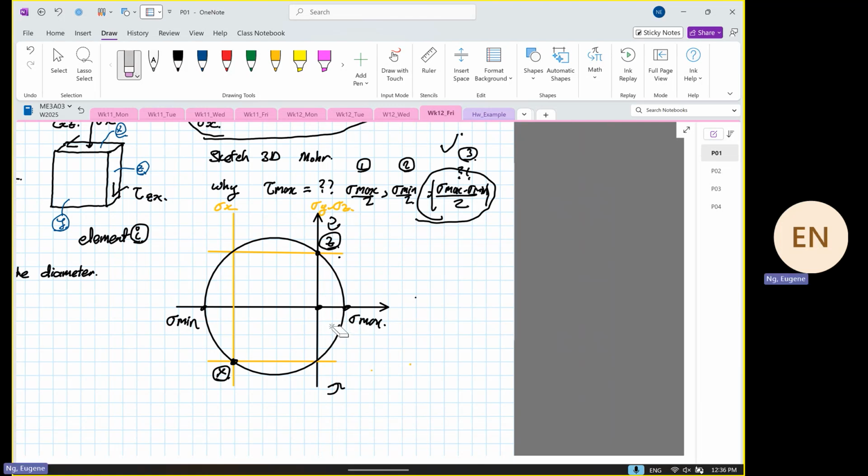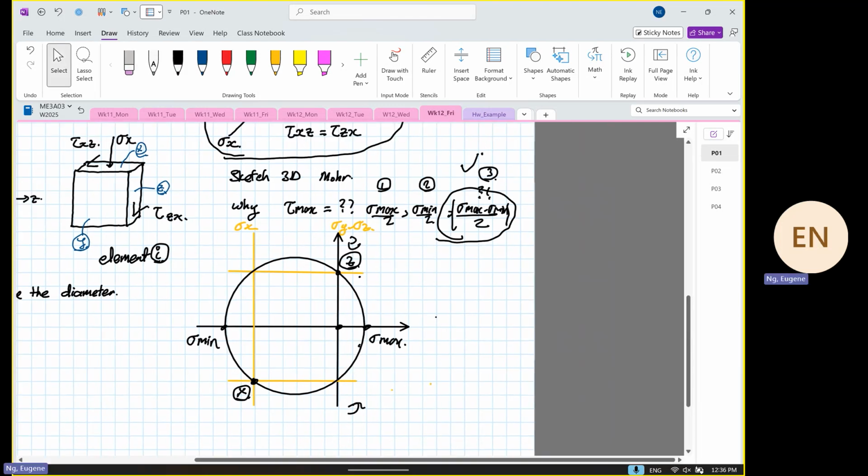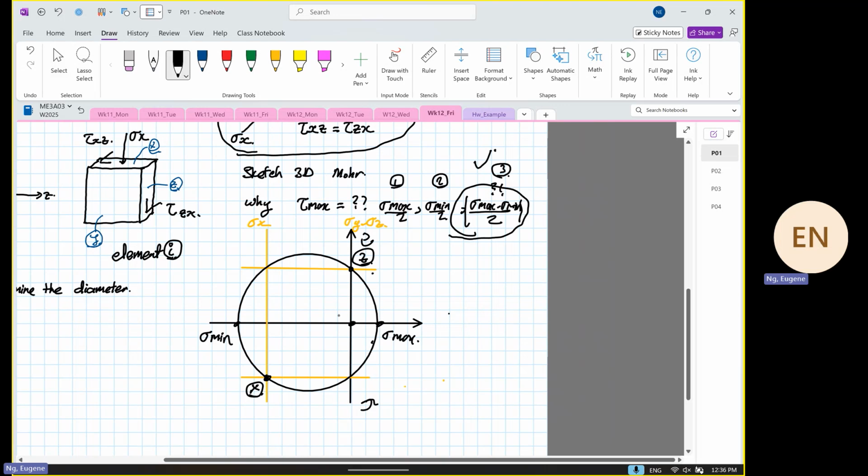So where we finish off, we realize that over here, this is our point Y. Then we have our X and Z. So that's where we are now. I was rushing plotting the 3D Mohr circle. So from here, we know that this is our X and Z plane. Then we plot another circle.